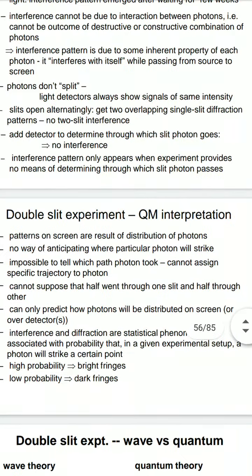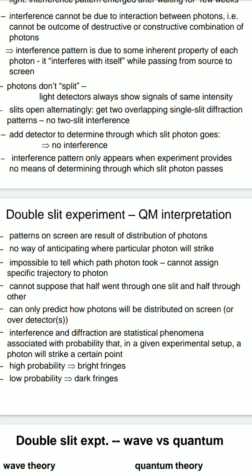So the pattern on the screen is a result of the distribution of photons. Also we know that the light beam is incident on the detector like a pattern, as we see the intensity pattern there. So it will be a distribution of photons. Larger distribution means more intensity there.